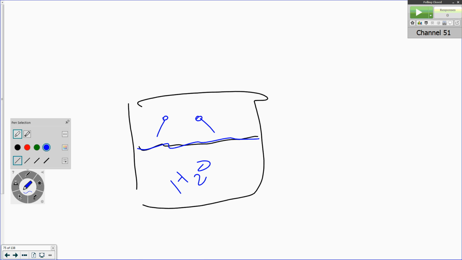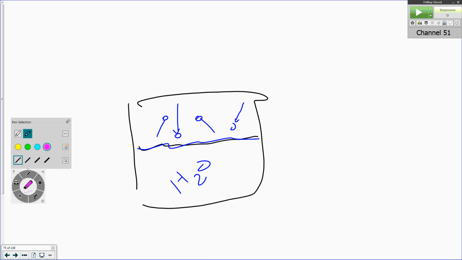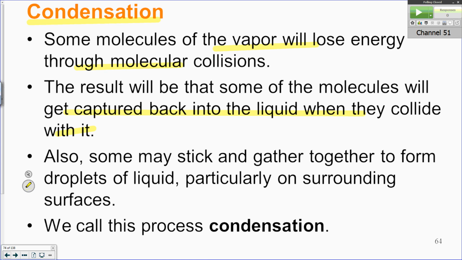It's going off in all directions. Occasionally, some of those water molecules are going to be headed back and strike the surface. What happens depends on how much kinetic energy it has. If it doesn't have enough kinetic energy, it'll get captured back in the liquid. That's what the condensation process is. So it gets stuck to the molecules around it.